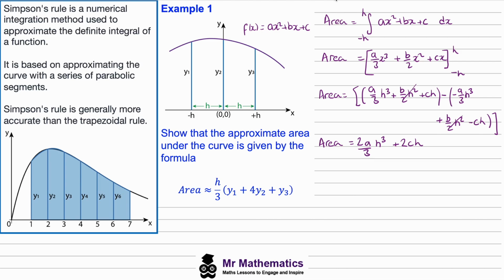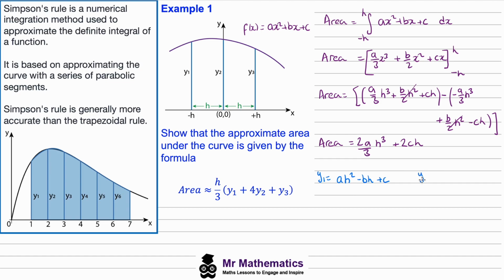So if we look at y1, well, y1 we can find using this x value, negative h. And we've been given the function, so we can substitute negative h into this, and we get a times negative h squared, so h squared. Then we have b times negative h, so negative bh, plus the c.